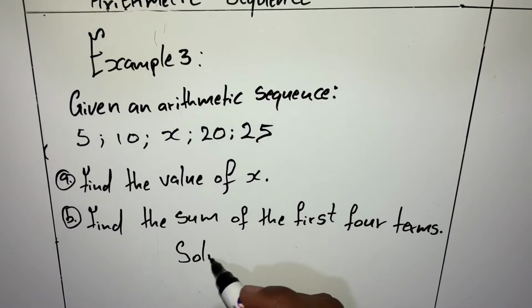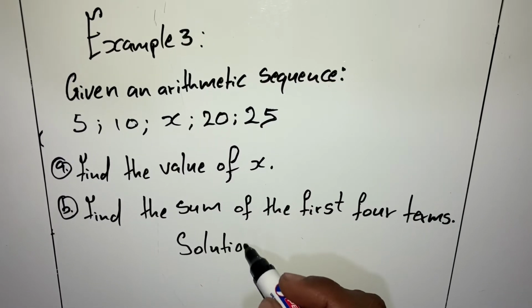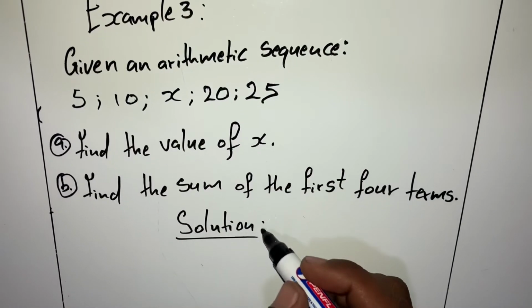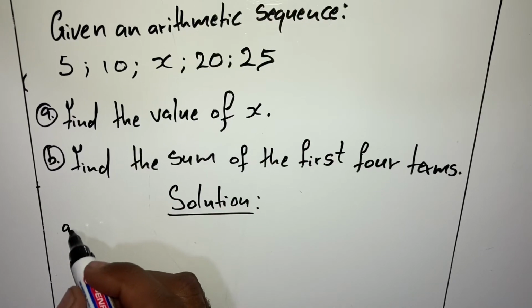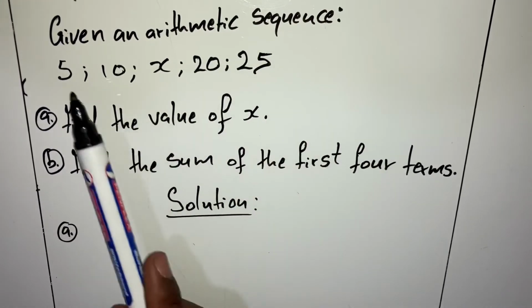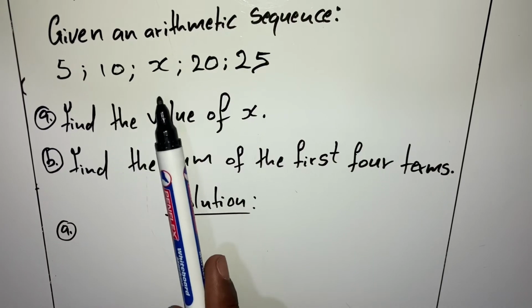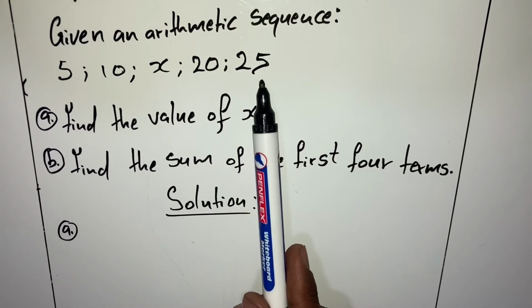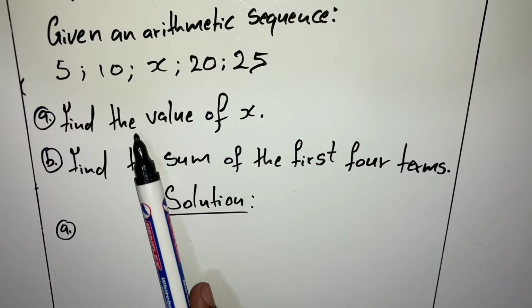So for our solutions, answering A, we are given an arithmetic sequence 5, 10, x, 20, 25. First question, find the value of x.